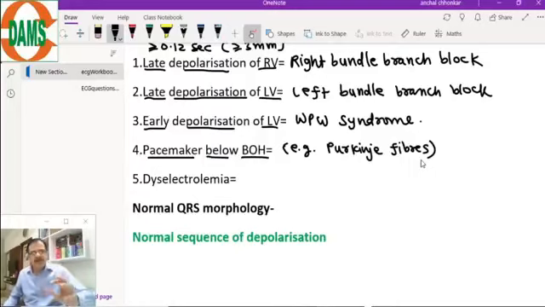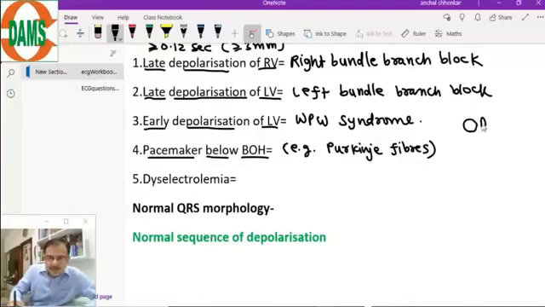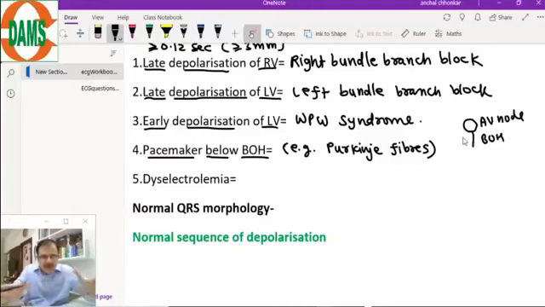So the pacemaker is below the bundle of His, so the common pathway is not there. Say this is the AV node, this is the bundle of His. So remember, if the impulse is coming from the AV node and bundle of His, it will spread to both the ventricles simultaneously, and both ventricles depolarize simultaneously, QRS normal.